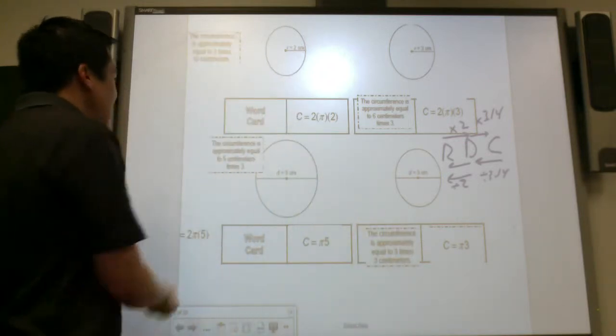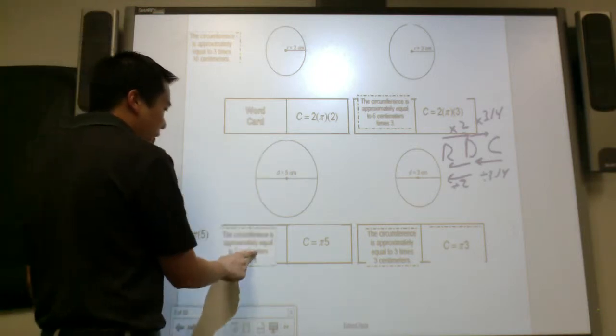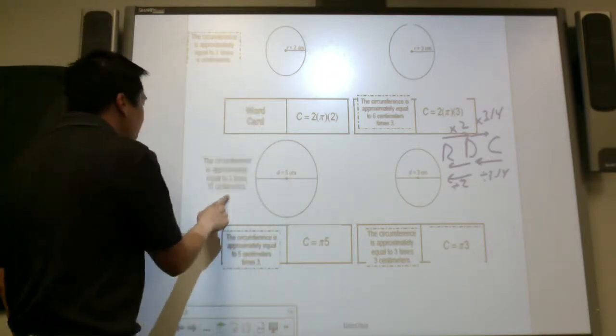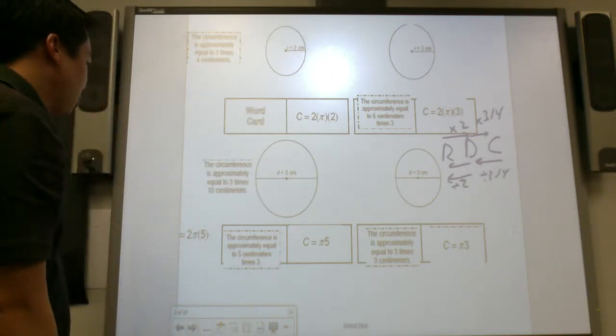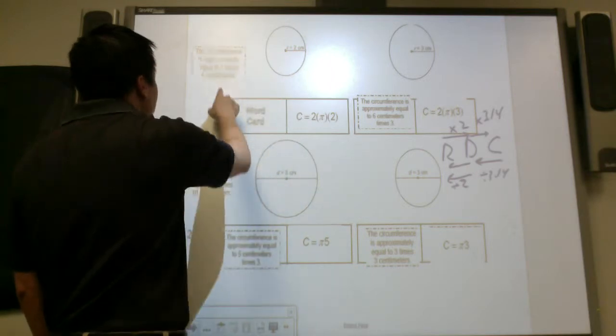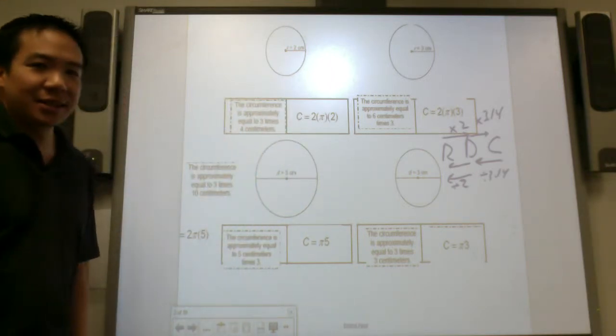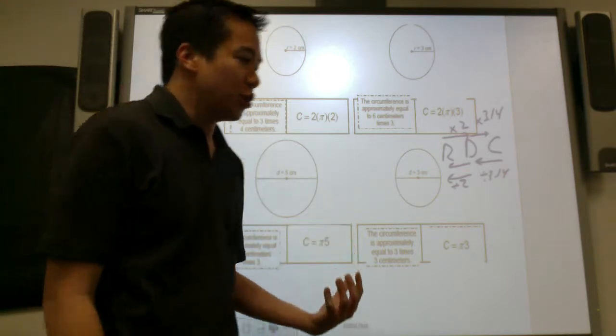The circumference is approximately equal to 5 centimeters times 3. That would be right here because 5 times pi is 5 times 3. The circumference is approximately equal to 3 times 10. And the circumference is approximately equal to 3 times 4. And that is how to do it with these equation cards.